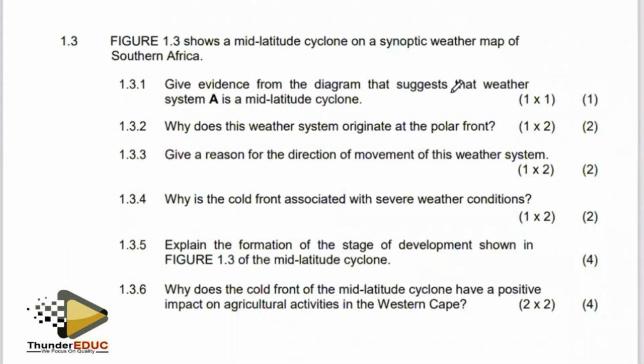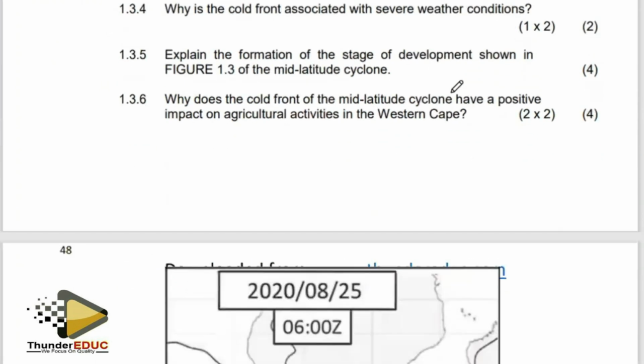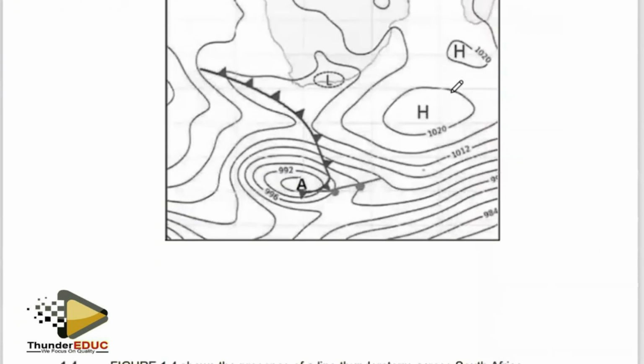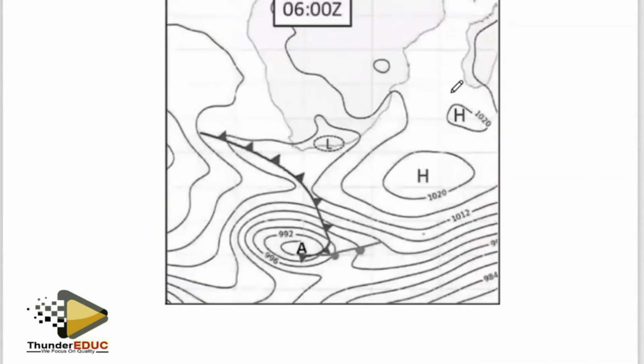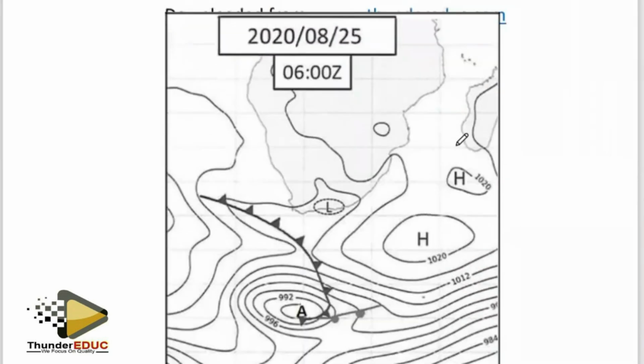So question 1.3 are based on climatology. Figure 1.3 shows a mid-latitude cyclone on a synoptic weather map of southern Africa. Let's check figure 1.3. There you can see the symbol of a cold front and warm front. There is a symbol for a high pressure source. You can as well look at the isobars and the sketch map of southern Africa.